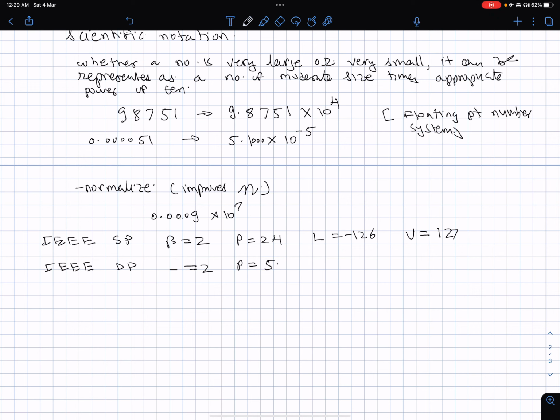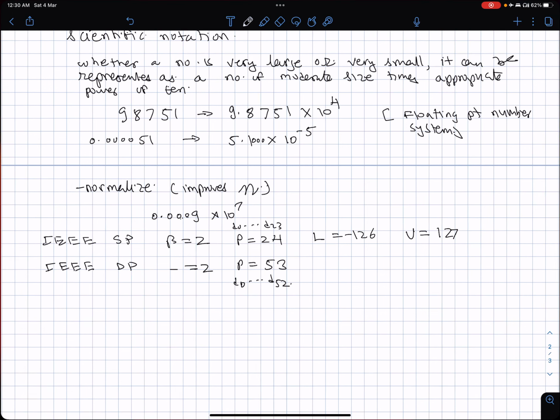In the double precision, 53 bits are available. P is not 24; here it is not D0 to D23, it is D0 to D52.